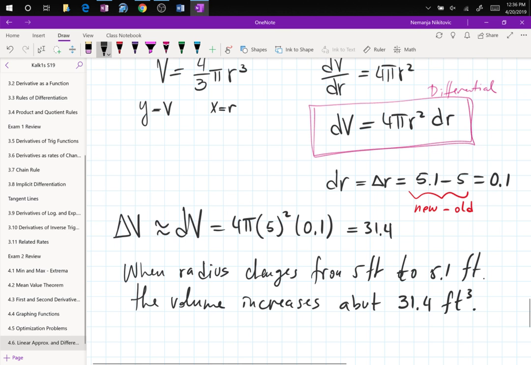Because the radius changed, the volume changed. The radius went up, so the volume is going to go up, a positive amount. If I'm deflating the balloon, the radius goes down, the size of the balloon is smaller, less volume in the balloon, so in that case it would be negative.